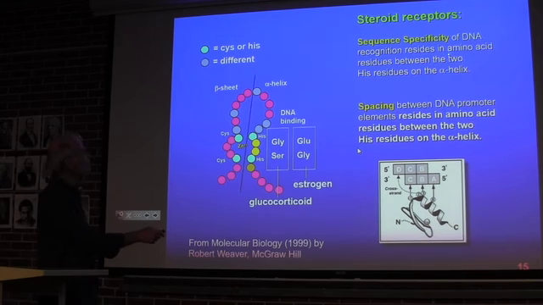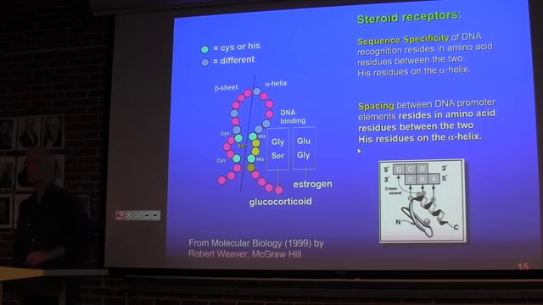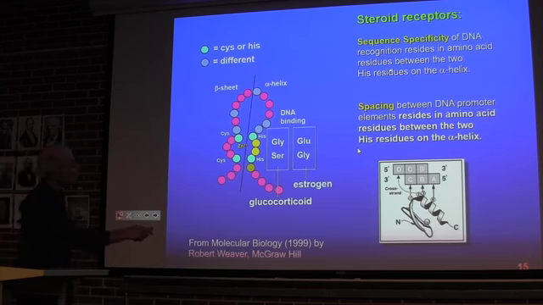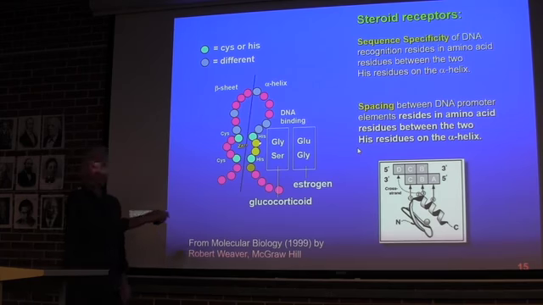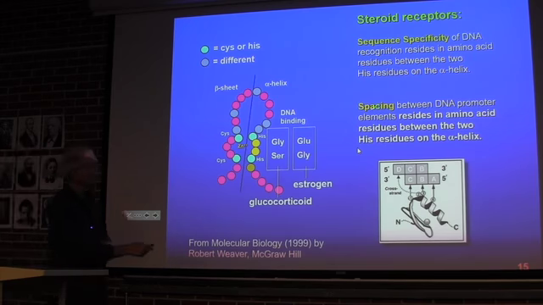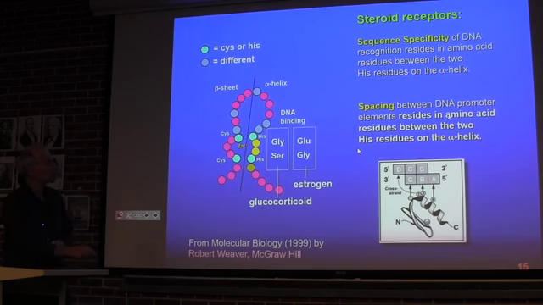So, residues between the two His residues. I was wrong. The His residues, I meant to say, if I could read the slide. I know you're not supposed to read the slide except when you can't remember the slide. It's better than making up stuff. Between the two His residues, as I meant to say, that's where DNA sequence recognition is determined in the steroid receptors. Spacing between promoter elements. We'll see more about that in a minute, how that affects it.